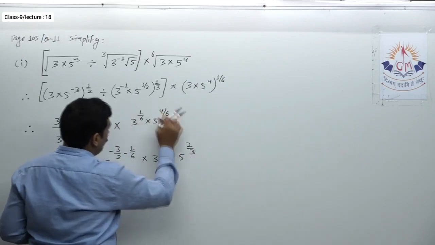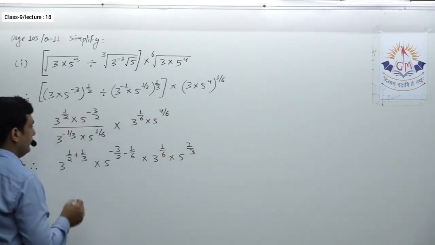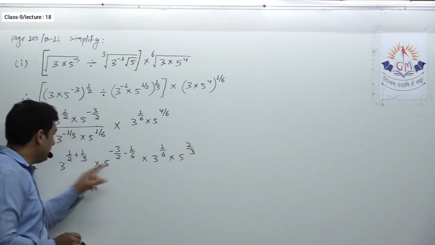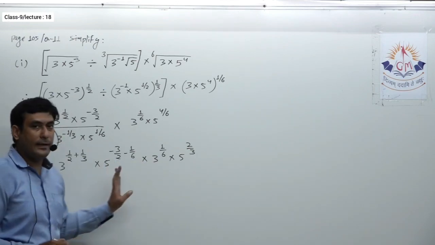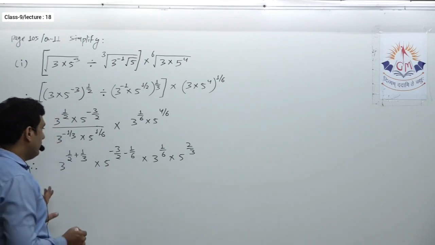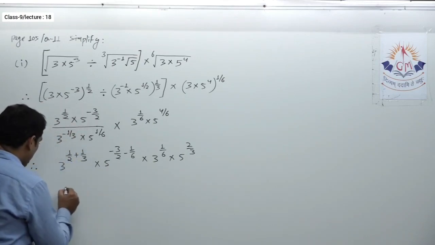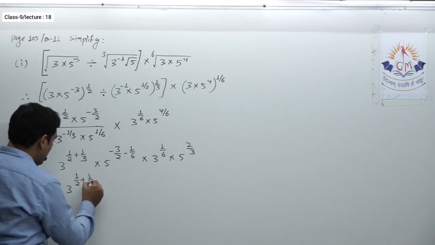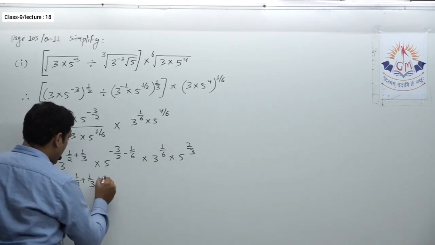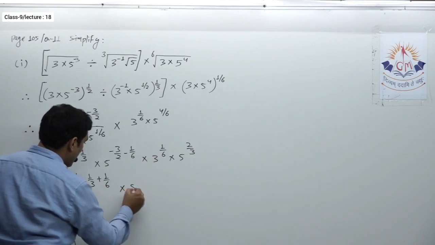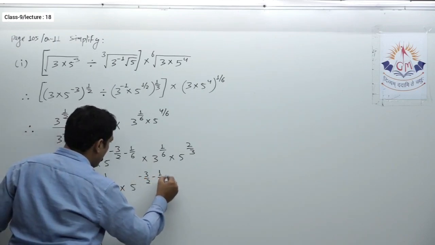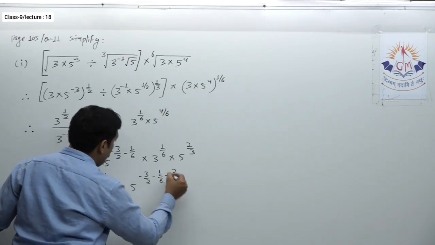Okay, here 4 by 6, so I wrote 2 by 3. However, I can take this exponent over here and then solve directly. That is definitely going to save my time, so I will do that: 1 by 2, this 1 by 3, and then I will take this 1 by 6 as well over here. 5 raised to minus 3 by 2 minus 1 by 6 plus 2 by 3.